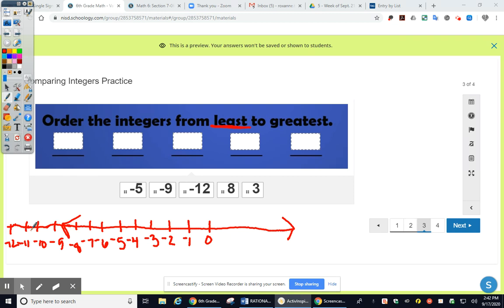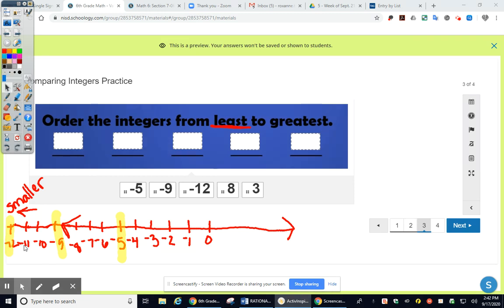Okay, so here, remember, here's 0. The further I get in, the smaller my value is getting because it's the more I owe, right? So here, negative 5, negative 9, and negative 12.